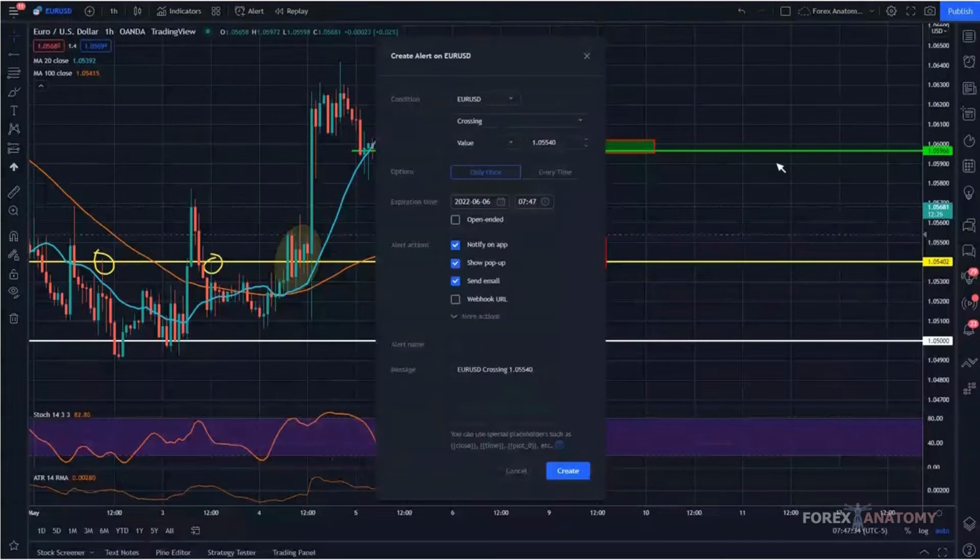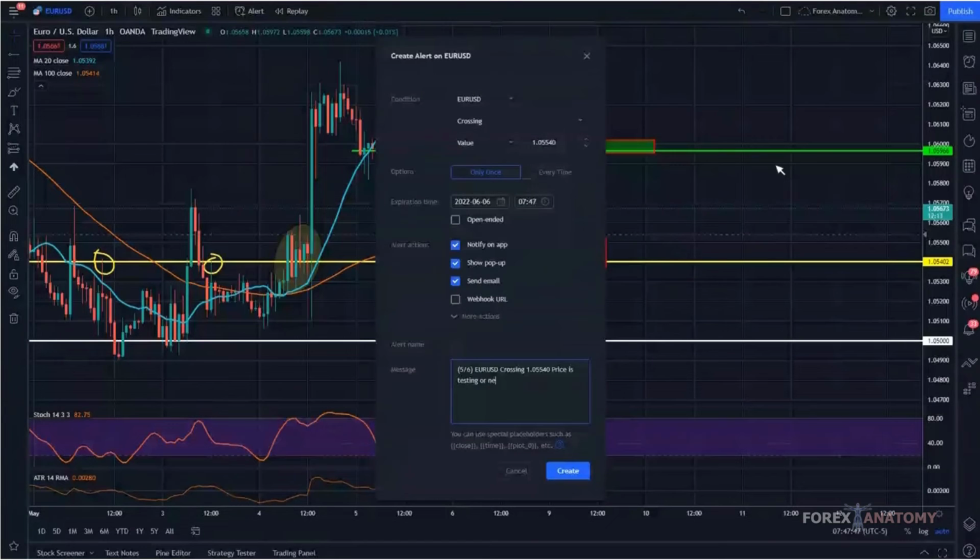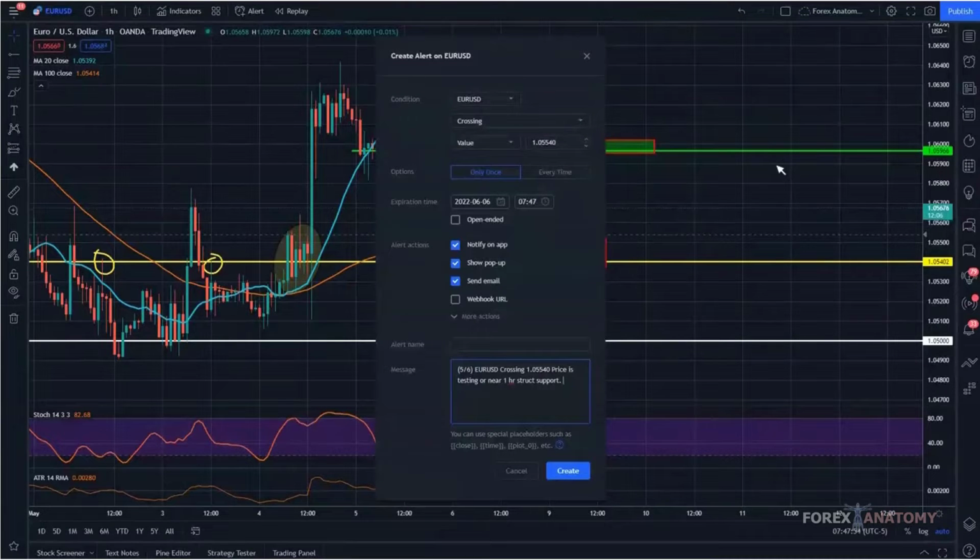So let me put a price alert right here, and let me just put the date, May 6th. Price is testing or near 1 hour structure support. Drop down to trigger.